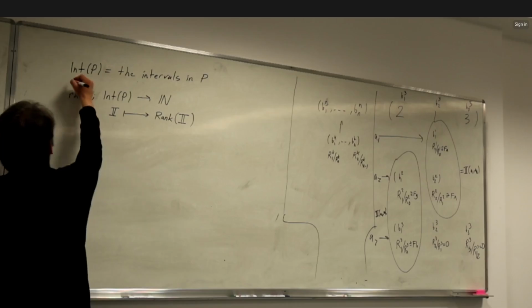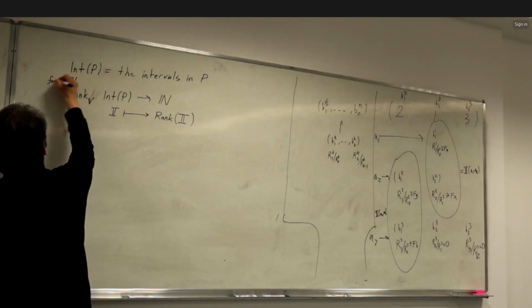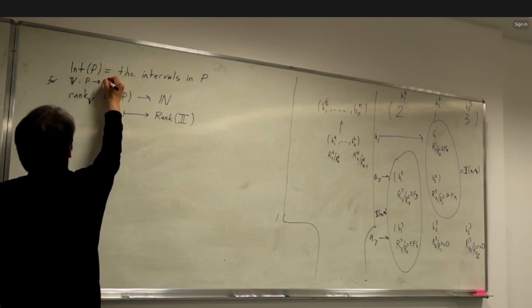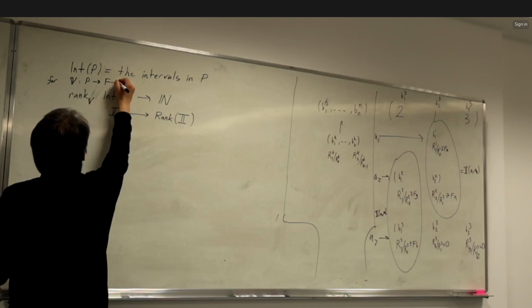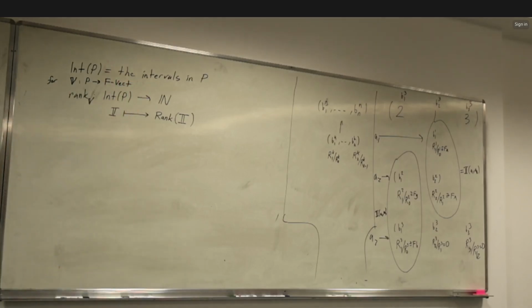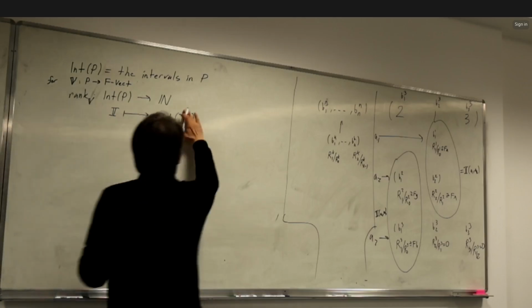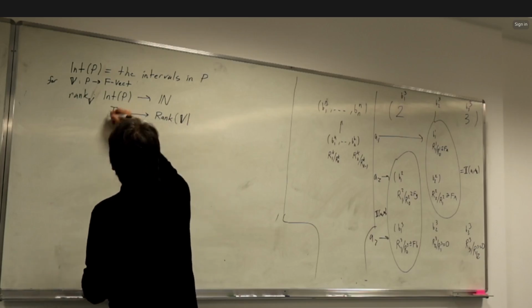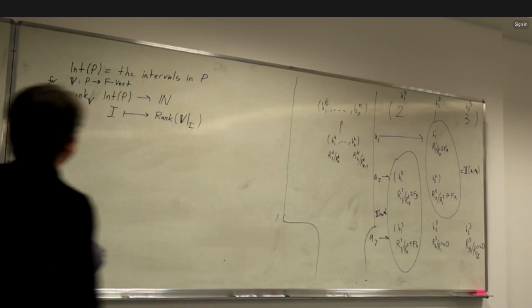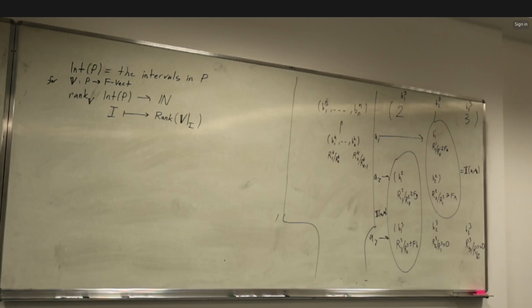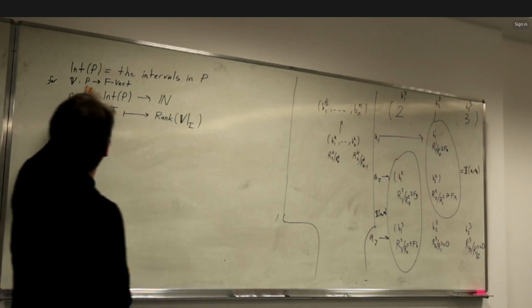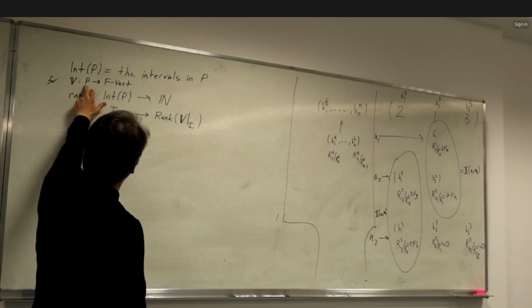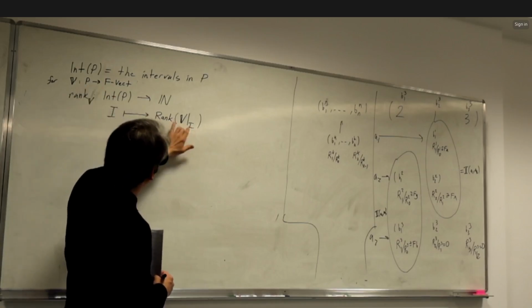Of course, here V is some P module. So if you restrict your V to the interval, so you're just restricting this functor to just this interval, and you're looking at the rank, then you have this.